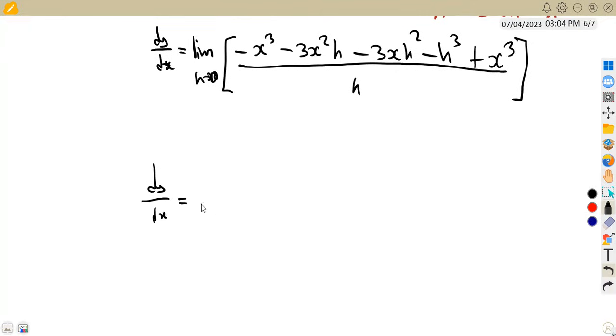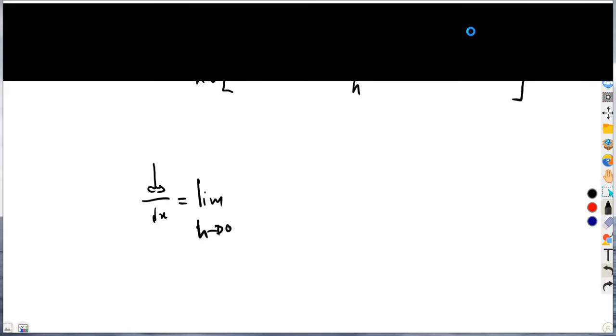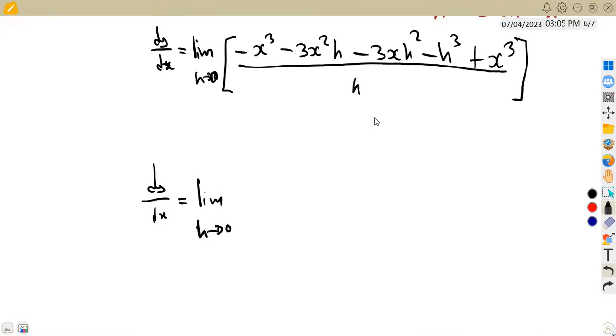So the derivative of y with respect to x is going to be the limit as h approaches 0. Let us see what is happening here. These are like terms, x cubed and x cubed: minus x cubed and plus x cubed. So this one cancels.